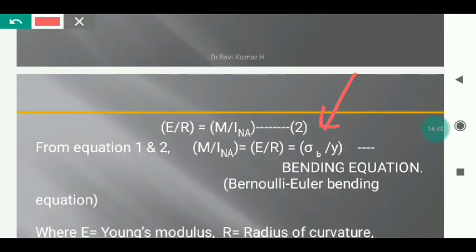Here, E is Young's modulus, R is the radius of curvature which we have taken in the derivation, M is the bending moment at the section, I is the moment of inertia about the neutral axis, sigma b is the bending stress, and y is the distance of the fiber from the neutral axis.